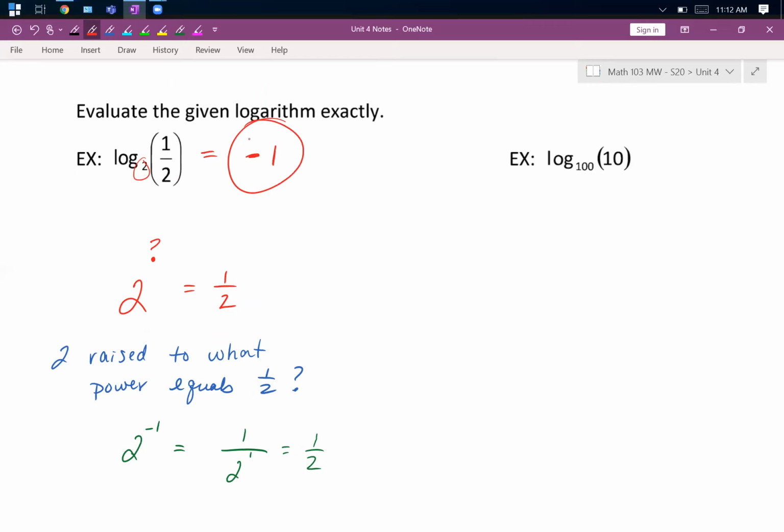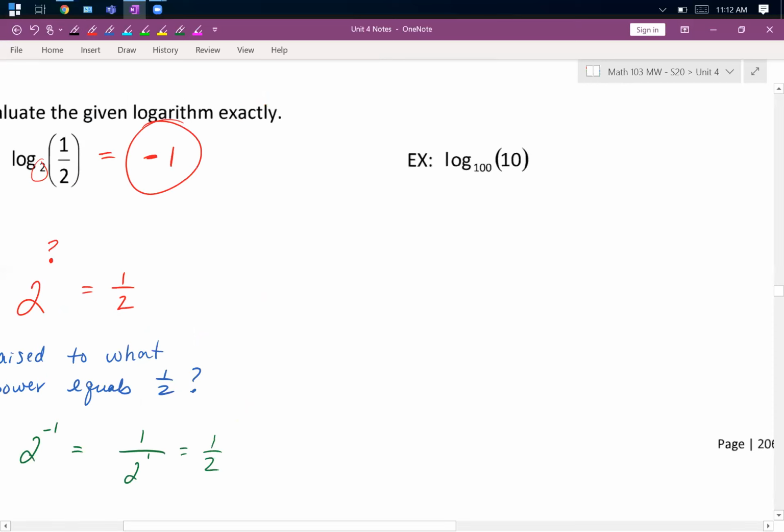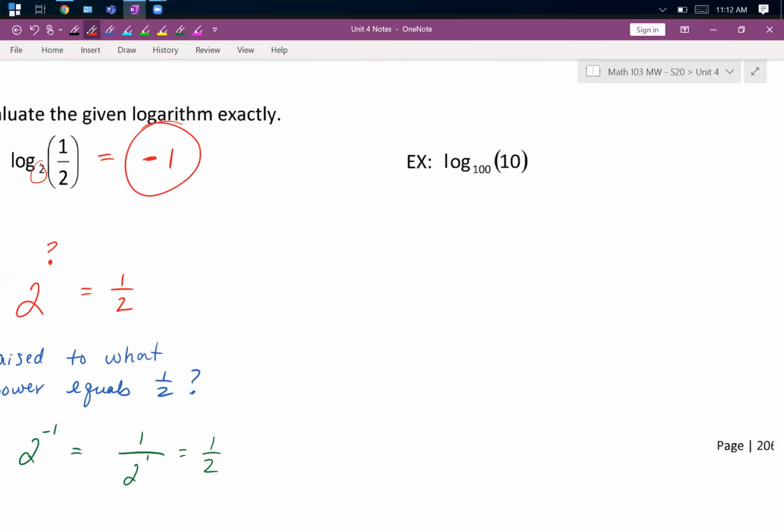All right, let's try the other one. We want to figure out what log base 100 of 10 is. We'll start by rewriting it in exponential form.